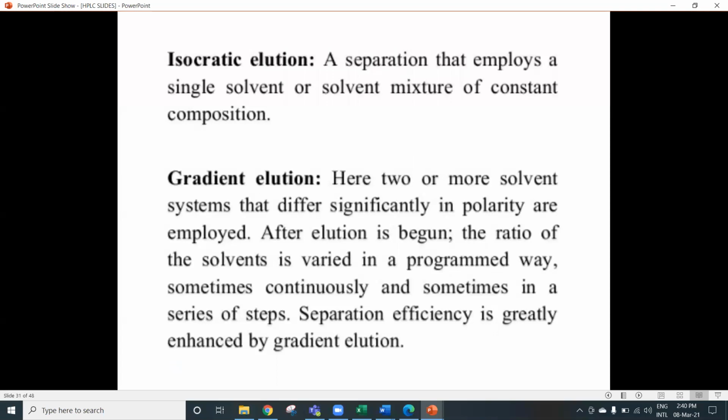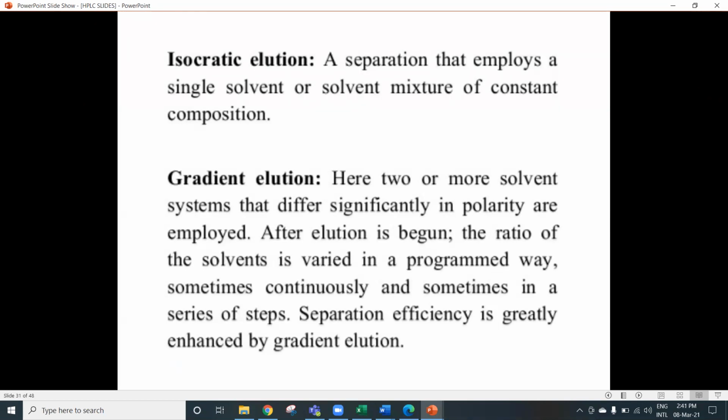So in gradient elution, two or more solvent systems are employed. The ratio of the solvents is varied in a programmed way, sometimes continuous, sometimes in a series of steps. But another difference between isocratic and gradient is that in isocratic, you may have just one solvent.